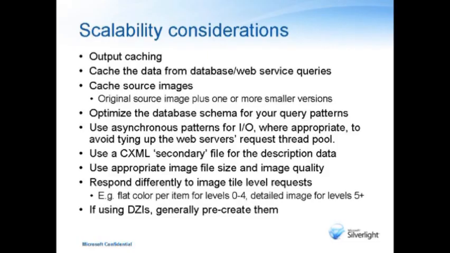I mentioned earlier that it's possible to have a secondary CXML file. This is an optimization. If you have a lot of data in the description elements, that can really make your CXML file or initial CXML response very, very large and slow down the time that it takes to get your initial view. So what you can do is in the collection element, in your first CXML, specify a secondary CXML file that just contains all the description data.